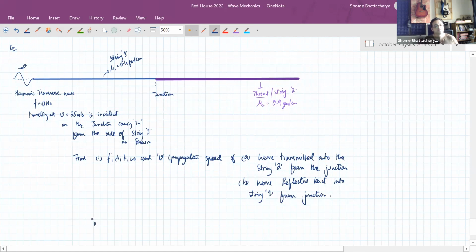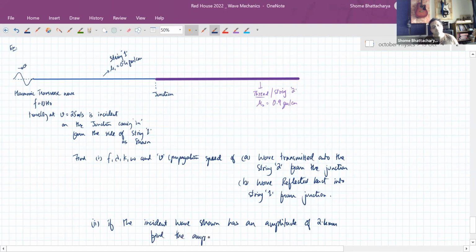And secondly, if the incident wave shown has an amplitude of 2.4 millimeters, then find the amplitudes of the reflected and the transmitted waves.